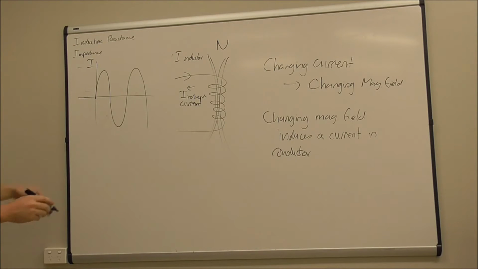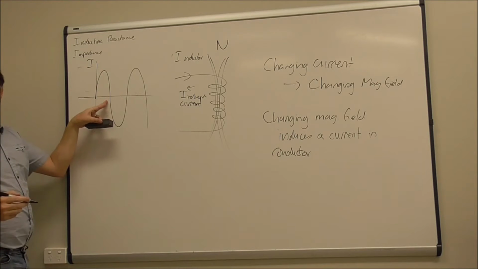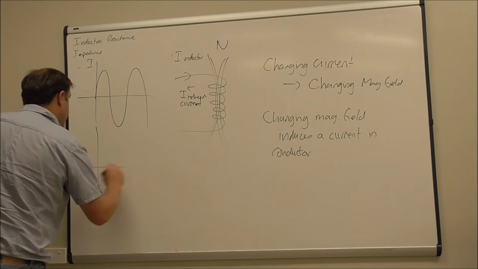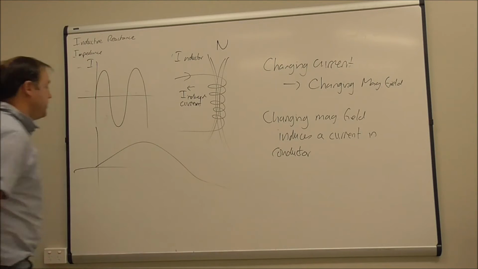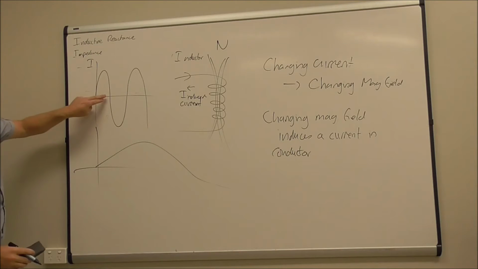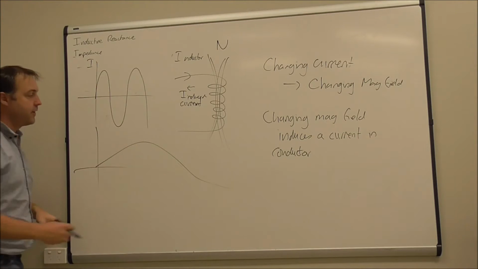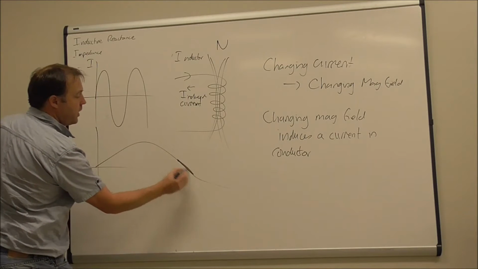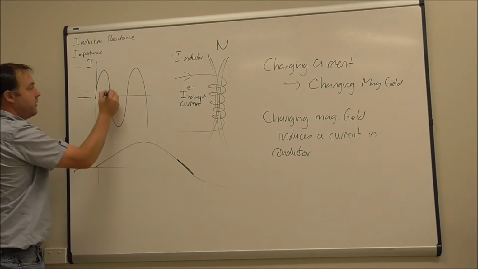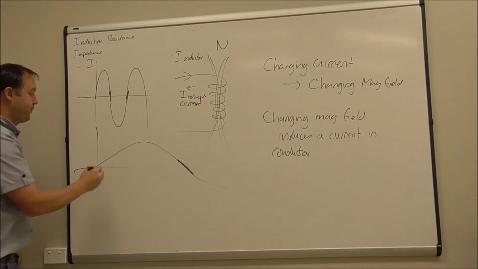Okay? If I have a high frequency like this compared to a low frequency like that, the current is changing faster at its fastest point than it is at the low frequency. So the fastest point here is not very much compared to the fastest point here.